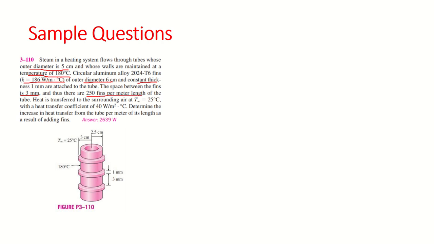For 1 meter there are 250. The heat transfer coefficient to the surrounding air is also given. Determine the increase in heat transfer from the finned tube per meter of its length as a result of adding fins. So what will be the change in heat transfer if you add fins? This is the question.